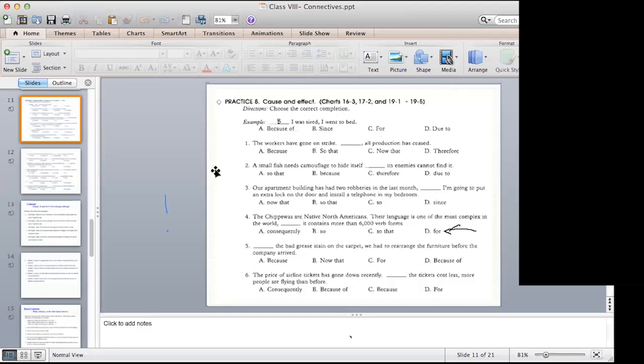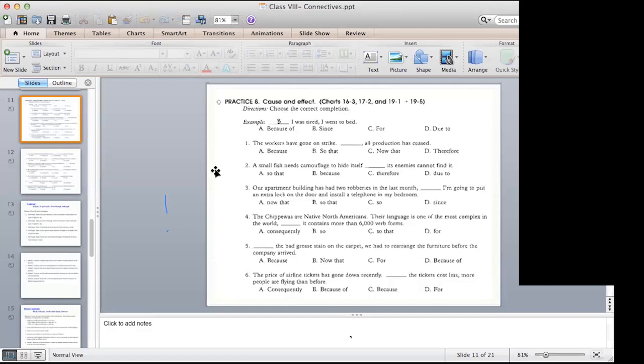We'll just stop talking to give you 1 second to think about this, but let me just give you the answer. Now, if you pay attention here in number 6, we have 2 sentences, but in the second sentence, we have 2 clauses. The price of airline tickets has gone down recently.